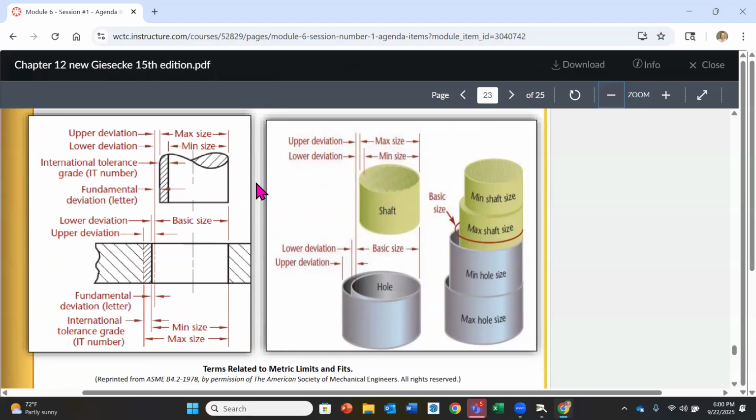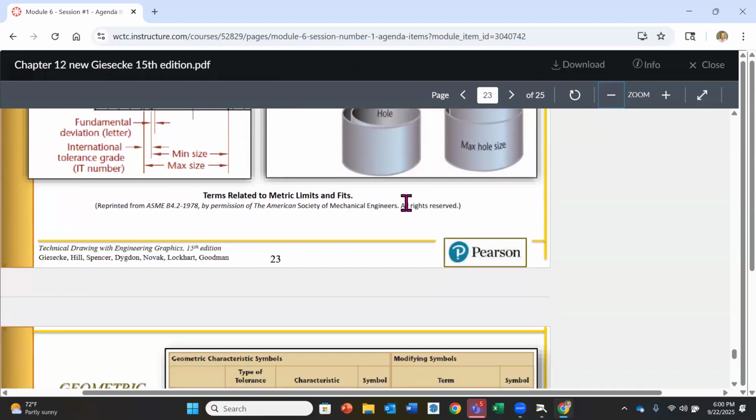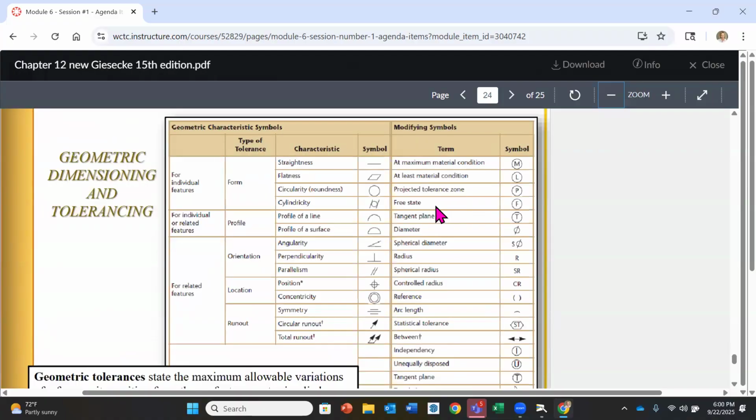So instead of calling them RC, which are running clearance fits, they're going to have a different designation for them. And that's really just the difference. But it's still looking at and comparing the minimum size hole to the maximum size shaft to determine the fit that you have. Okay, so it's just that the numbers, decimals are going to be different, and that's okay.